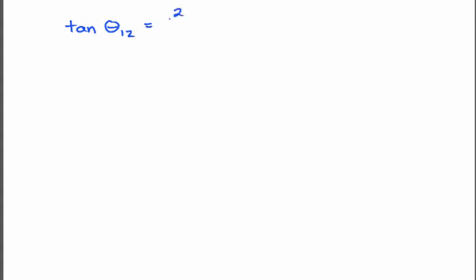So if we go back and look at our diagram, we need to go down by 2 and over by 3 in order to get from charge 1 to charge 2. So that's going to give me an angle of 33.7.